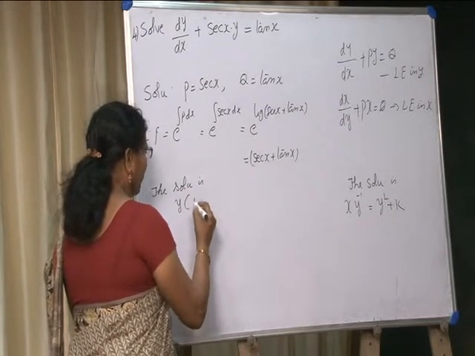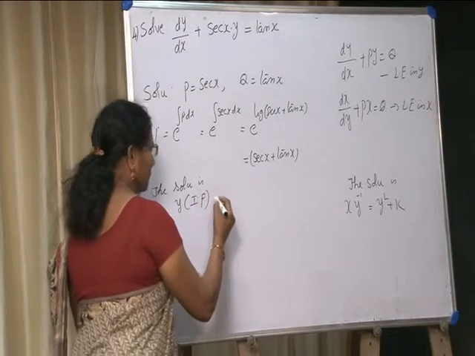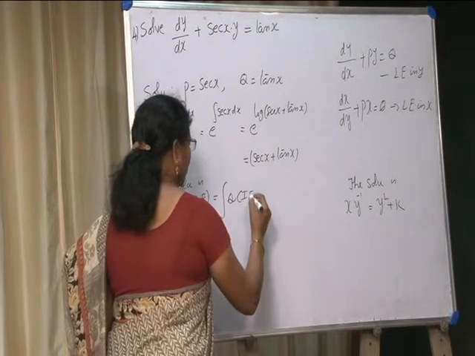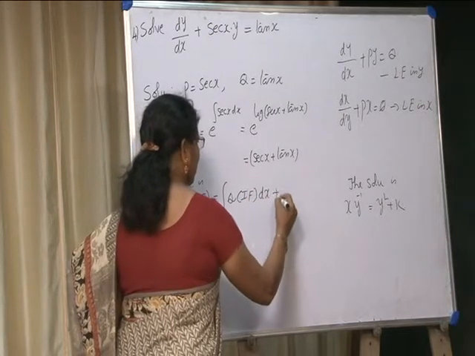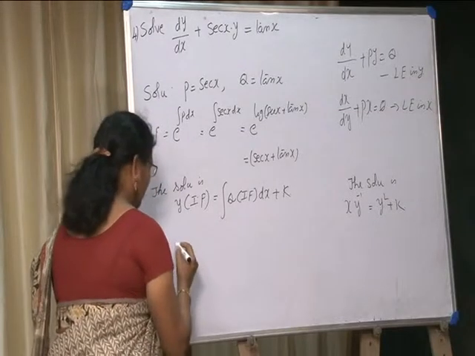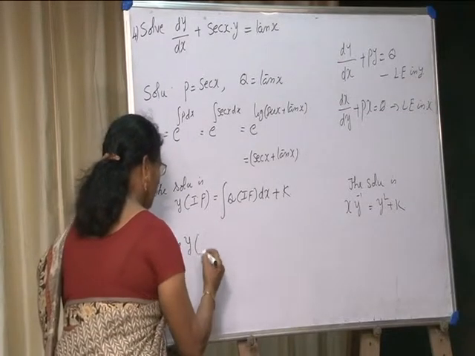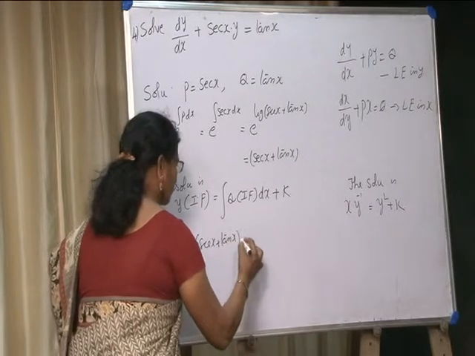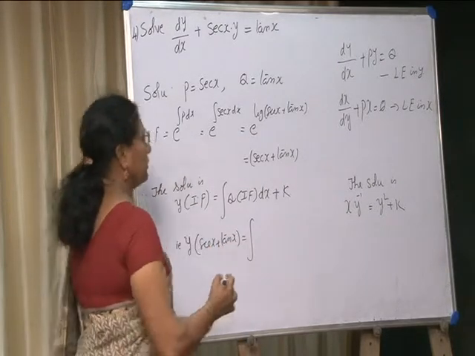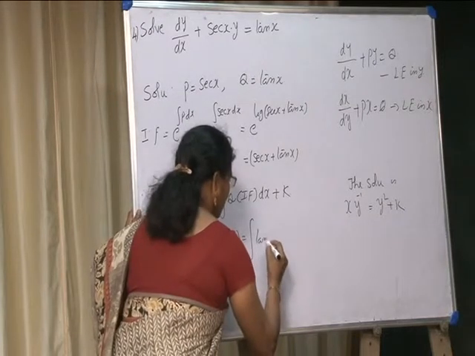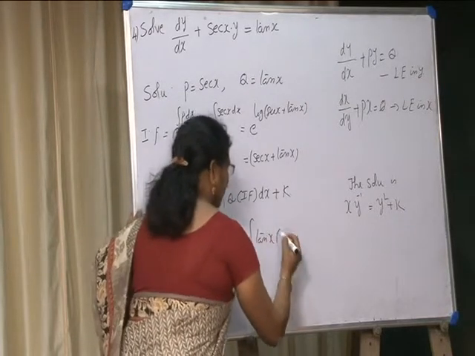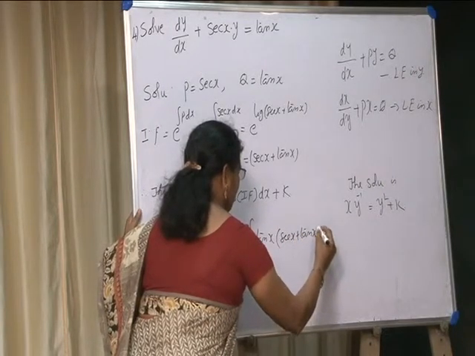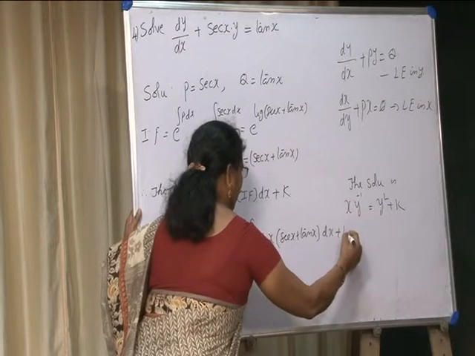y into integrating factor is equal to integral of q into integrating factor dx plus k, that is y into secant x plus tan x is equal to integral of tan x, Q being tan x, into the integrating factor secant x plus tan x dx plus k.